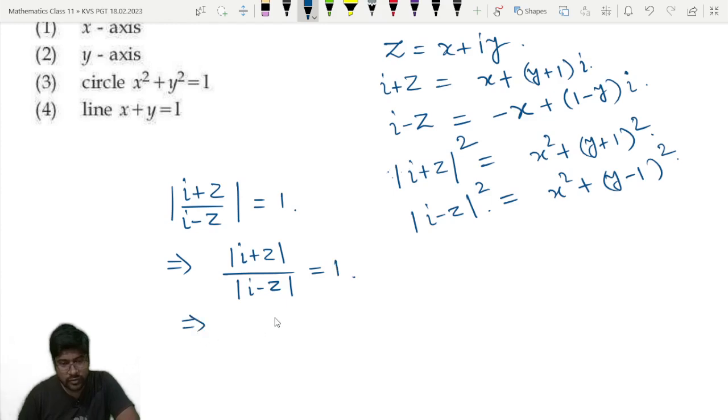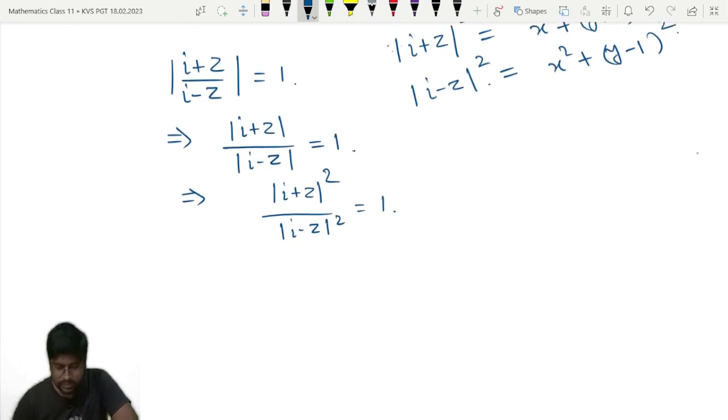Now square both sides. So |i + z|² divided by |i − z|² is equal to 1. So now put the values we have found.